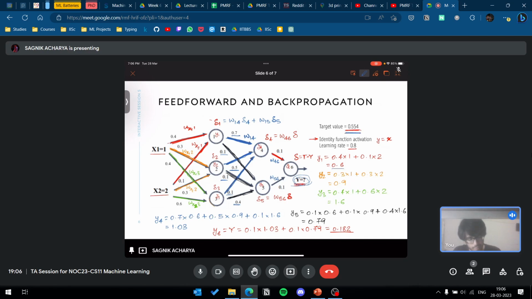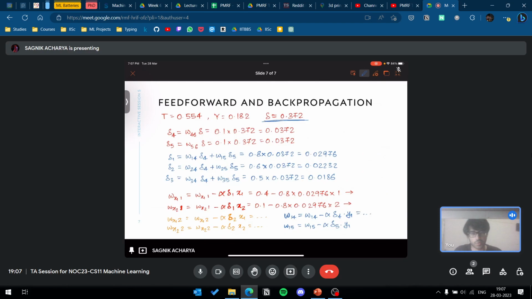Then we can calculate the new delta 4, delta 5, delta 1, 2, 3, and we'll again update the weights. So this is how the network continuously updates its weights to match the training examples which are given. All of this sounds really complex on paper, and it is really complex to do on paper, as you can see here.